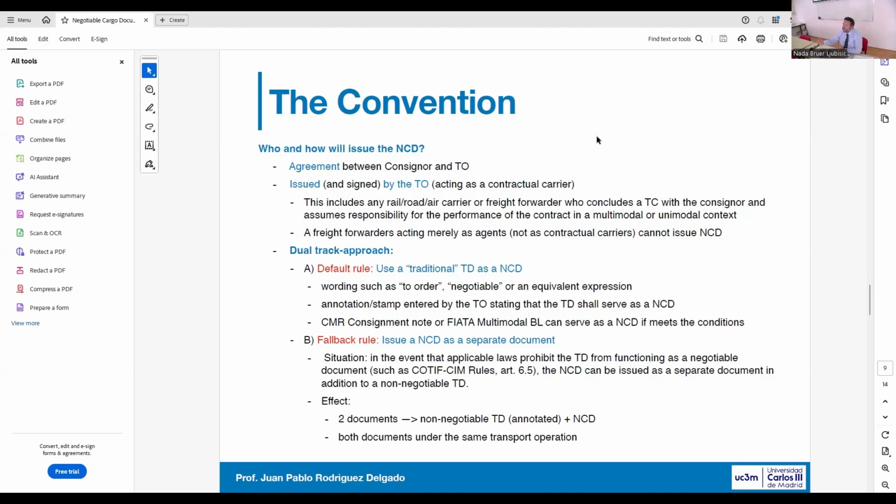Can the transport operator deliver the goods to the consignee? And the answer is no. He has the consignment note, but the answer is no, because a negotiable cargo document has been issued. And in the consignment note an annotation is going to appear, saying this is a consignment note, but under this consignment note a negotiable cargo document has been issued.